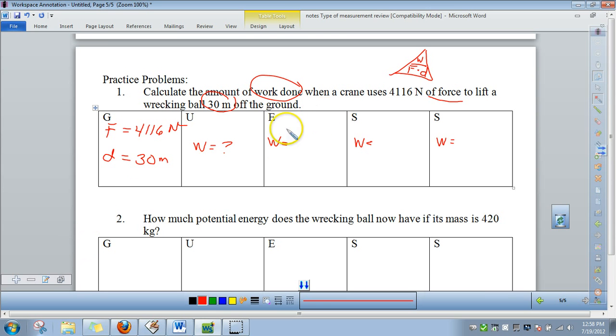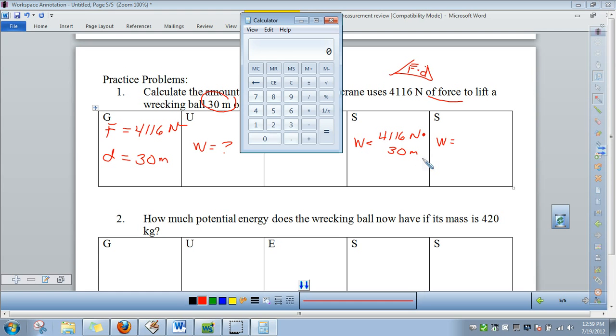Okay, our equation. We're looking for work. So if you cover work up, get rid of it, pretend it's not there, then we're left with force times distance. Work equals force times distance. When we fill in our equation, when we substitute, we have 4,116 newtons times 30 meters.